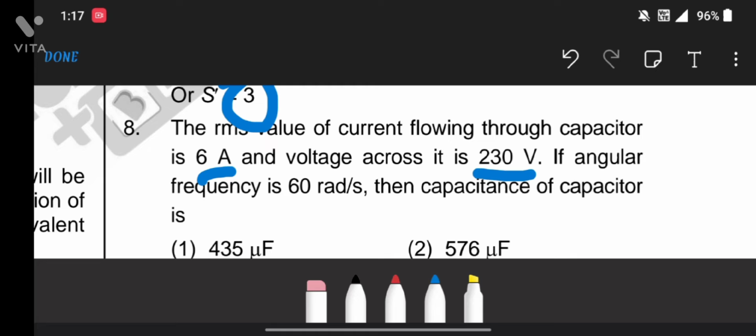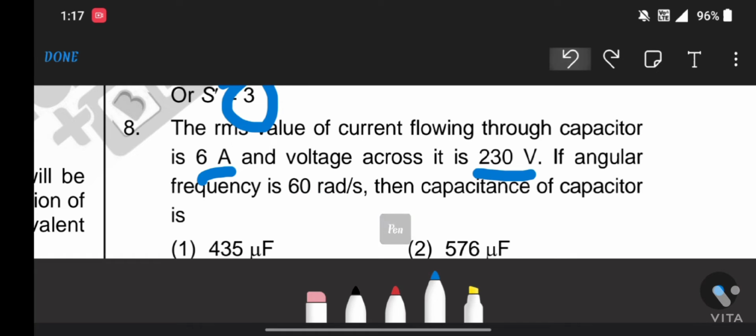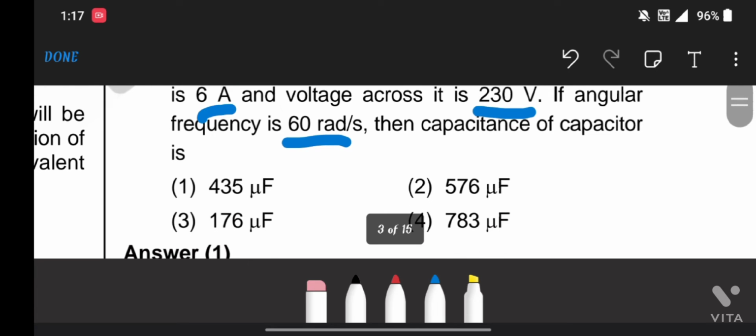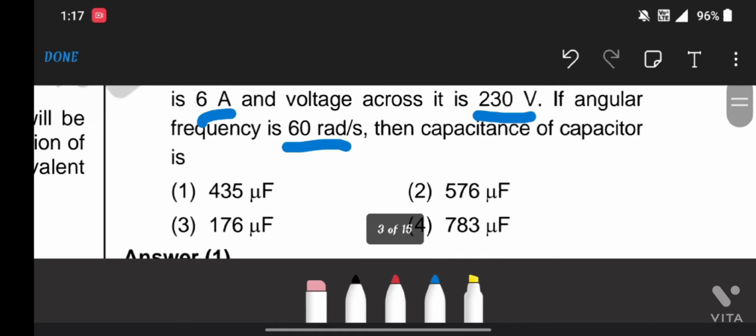If we see the question, they have given the current, voltage, and angular frequency, right? Here, 6 ampere is IRMS, 230 volt is VRMS, and the angular frequency is 60 radian.